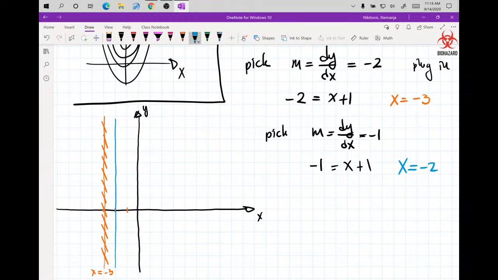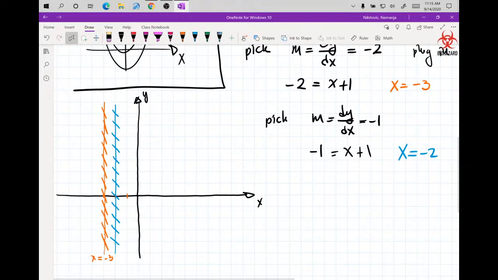And now the slopes are negative 1, sorry, negative 1. So these are at 45 degrees. So I have a line x equals negative 2. Those lines are called isoclines, and then you have these little slopes on it.